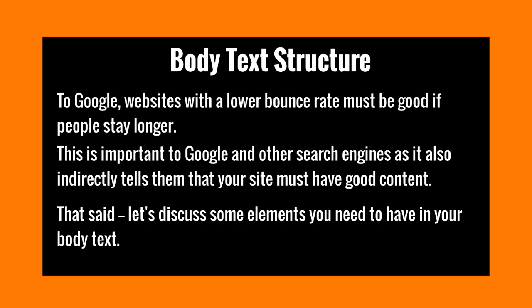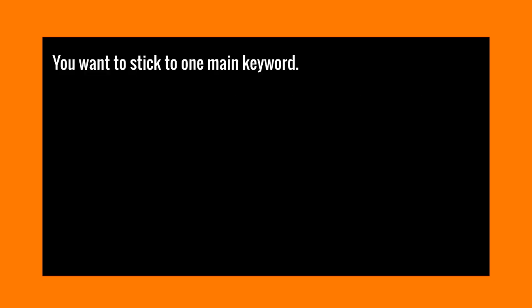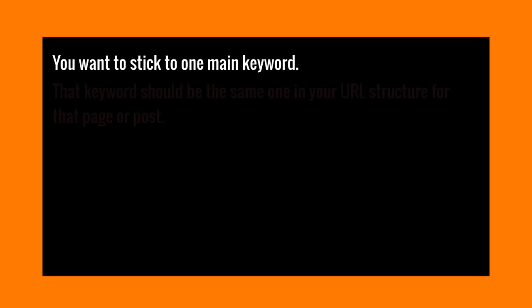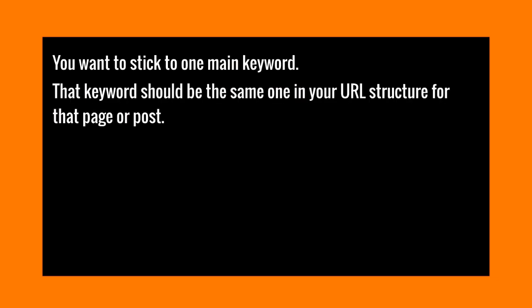That said, let's discuss some elements that you need to have in your body text. You definitely want to stick to one main keyword. You want to have that main keyword in the title of your page and throughout your page. That keyword should be the same one in the URL structure for that post or page.